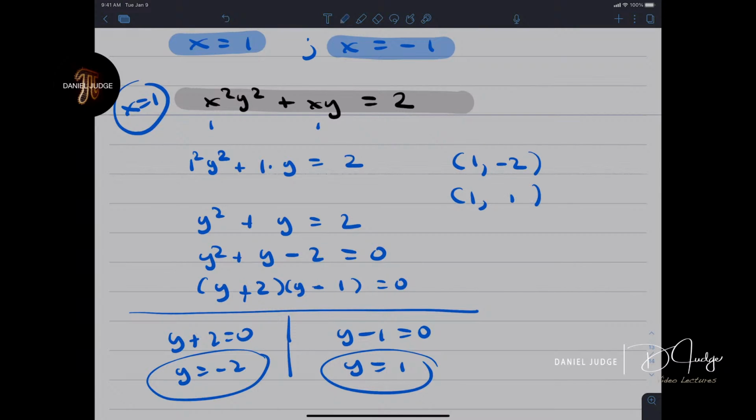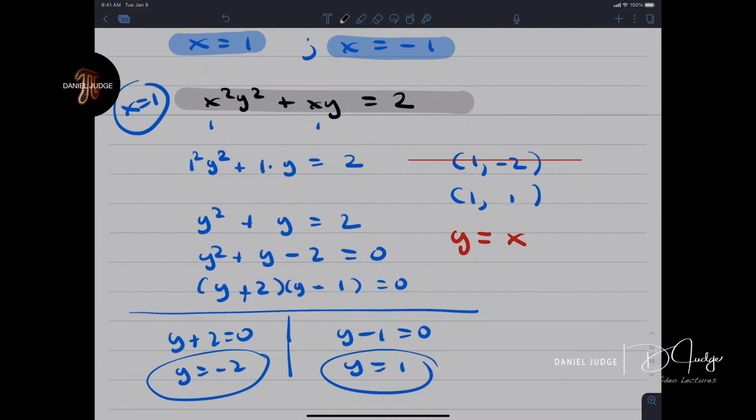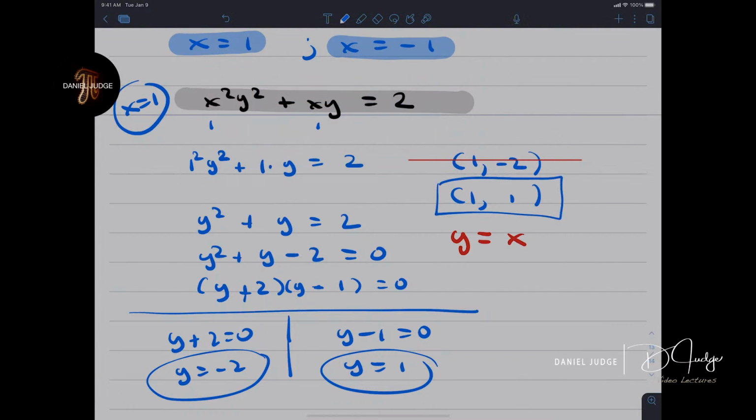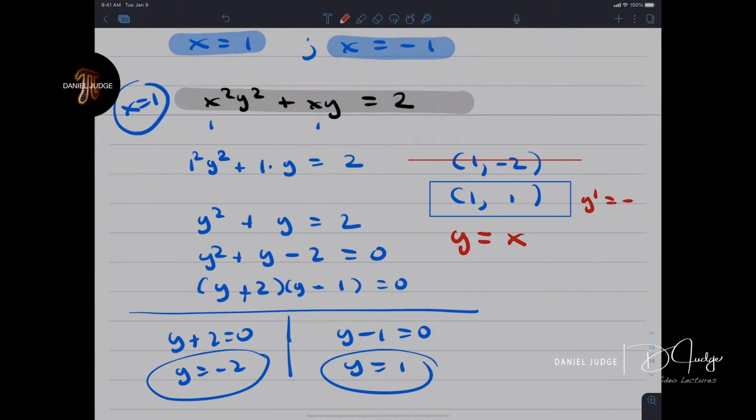Now remember, this is all based on the assumption that y is x. So I get to throw this out. I get to throw 1, negative 2 out as a solution. And so 1, 1, this location is where my derivative will have a negative 1 slope at 1, 1.